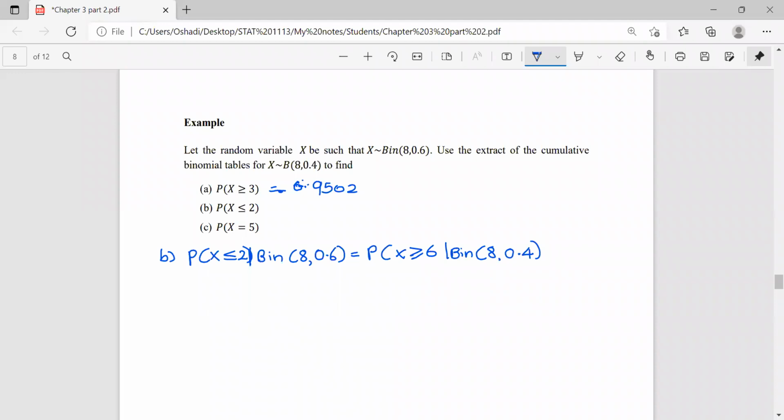So we can write this as 1 minus probability of x less than or equal to 5.